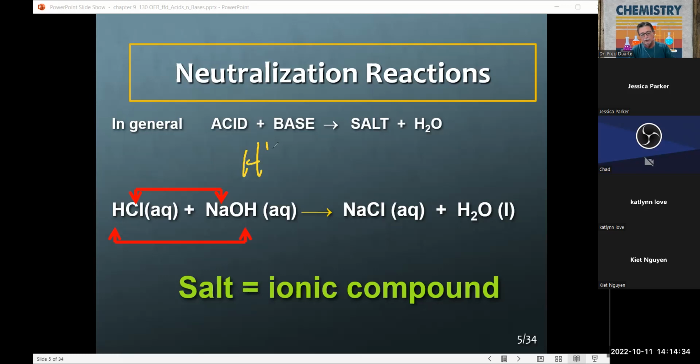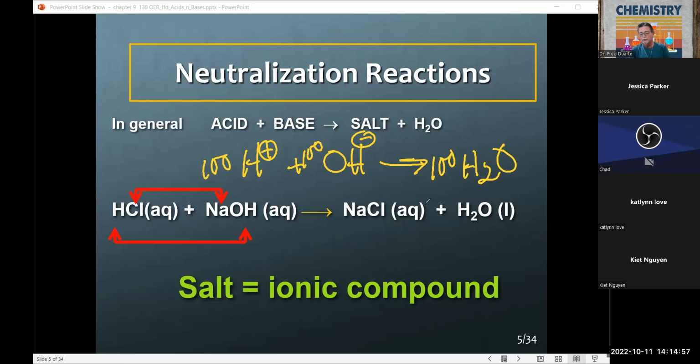One proton requires 1 hydroxide to give you 1 molecule of water, okay? So that means that if I had 100 protons, I need 100 hydroxides to give me 100 waters.